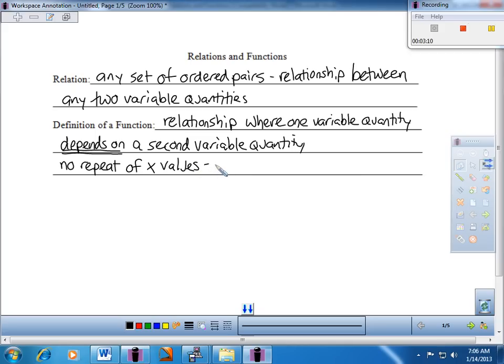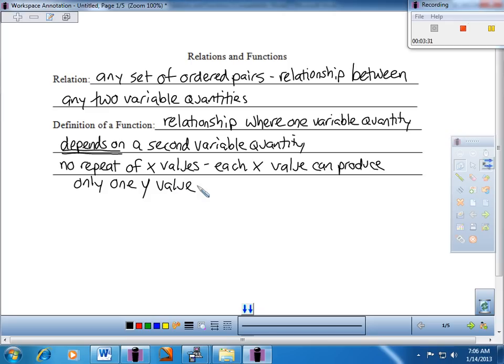What that really means to me, and this is what we'll explore in today's lesson, is that each x value can produce only one y value. So jot that in there if you don't mind. Only one y value.